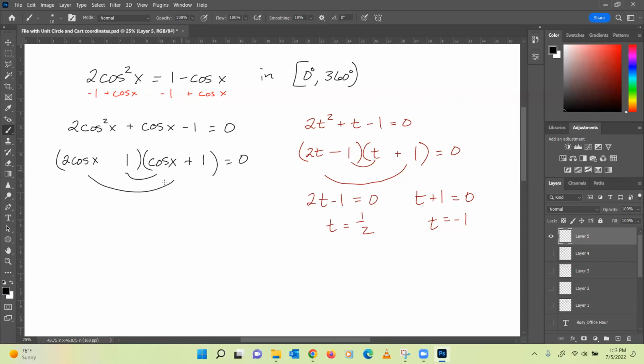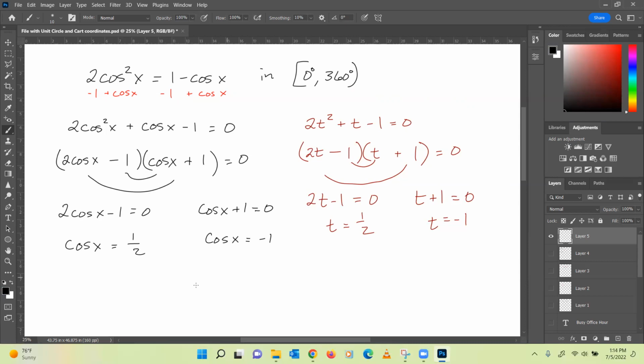So if I had a positive 2 cosine x minus 1 cosine x, I'd get a positive cosine x. Set each one equal to 0, taking advantage of the zero factor property. And I've got cosine x equals -1, and I've got cosine of x equals 1/2.